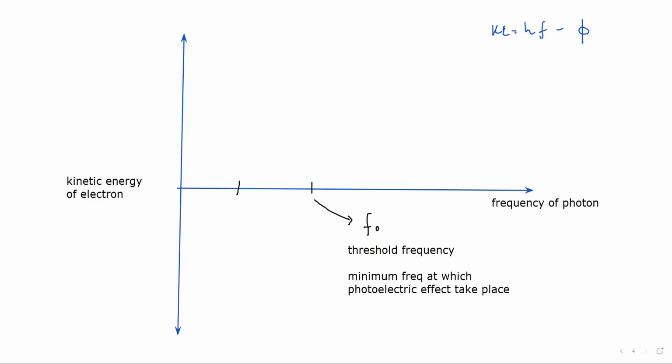And when we increase the frequency of a photon, the energy of the photon increases, so electrons will come out at a higher speed, so they will move faster and the kinetic energy will also increase.